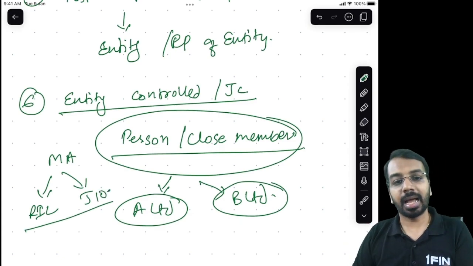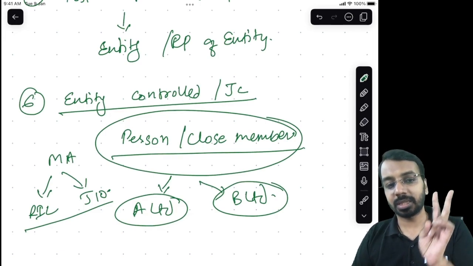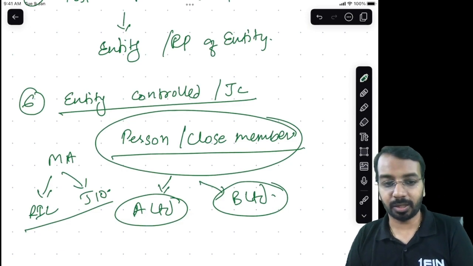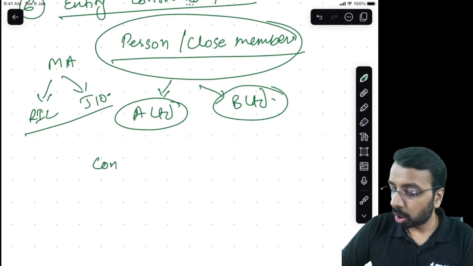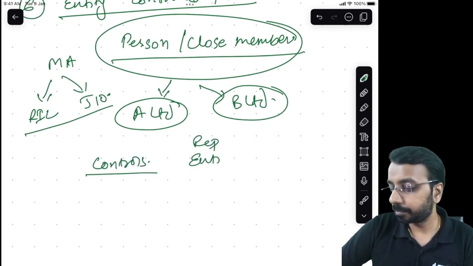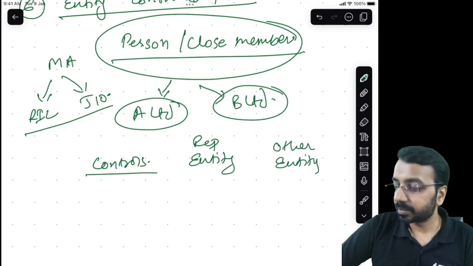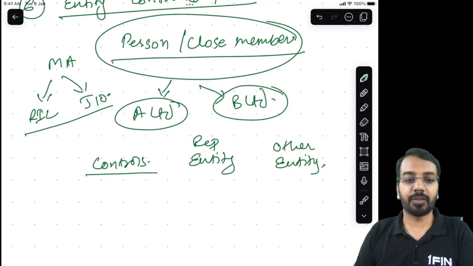That person controls both the entities, so it is a related party. Here we are talking about control of the reporting entity and also the other entity. Then there is a related party relationship. That is the first category.